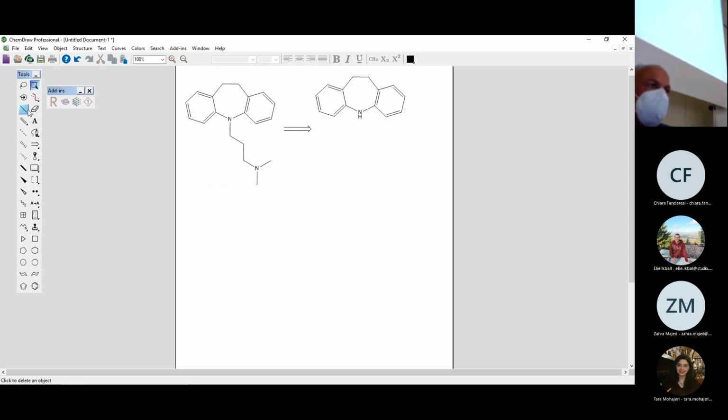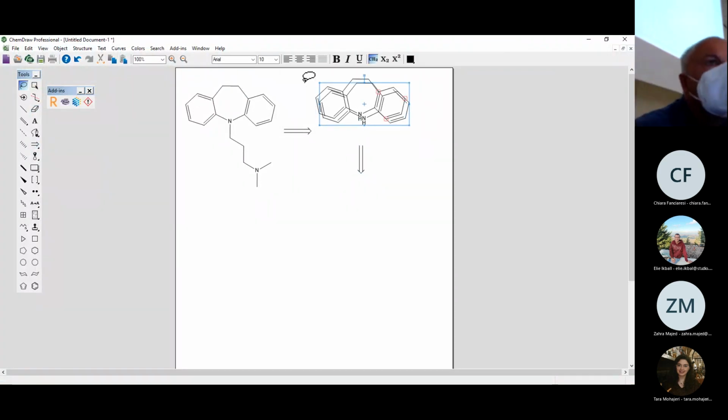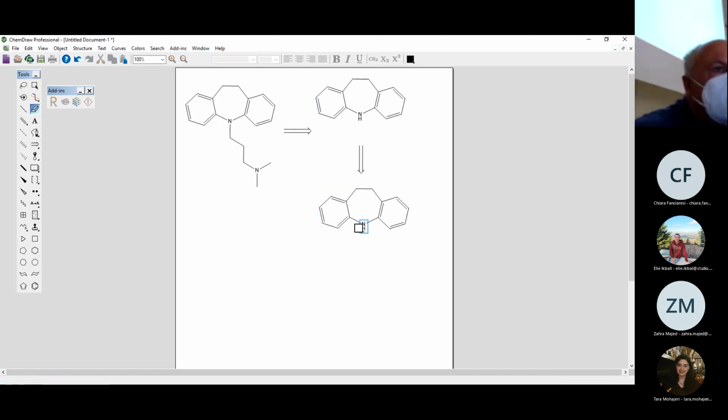Once again, we can open the tricyclic system this way, for example here, and then here. So we have to build this system by starting from the right half, for example, this one.